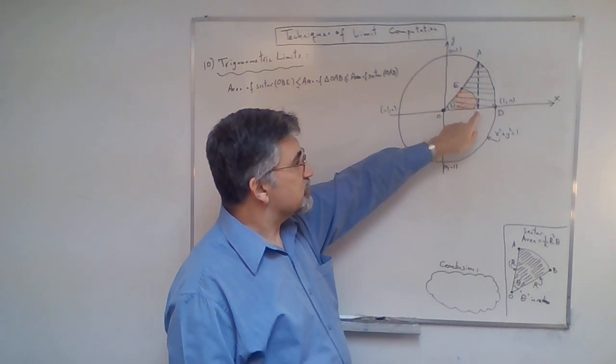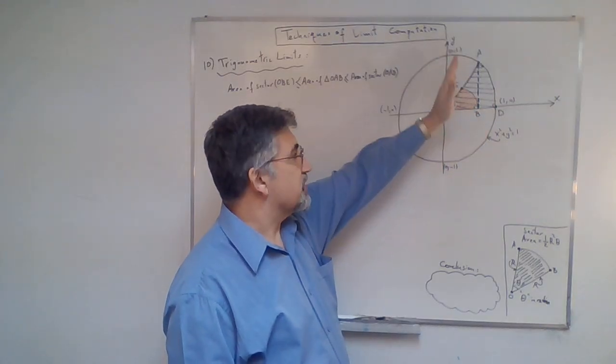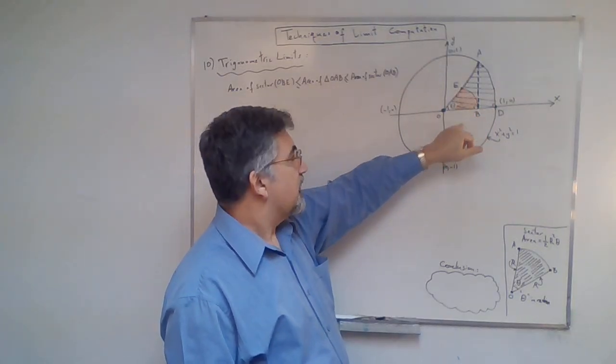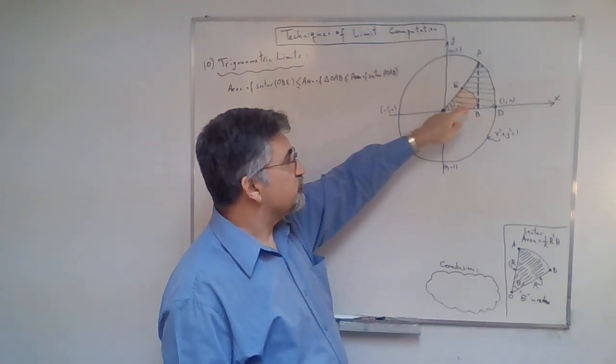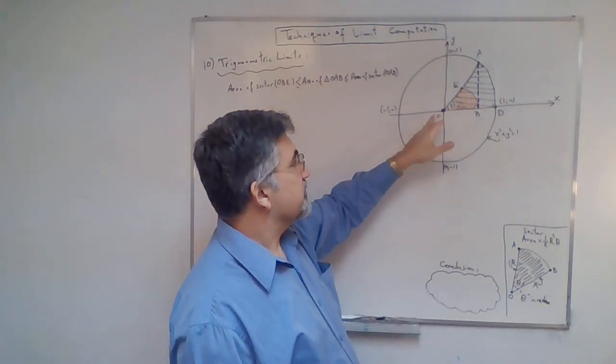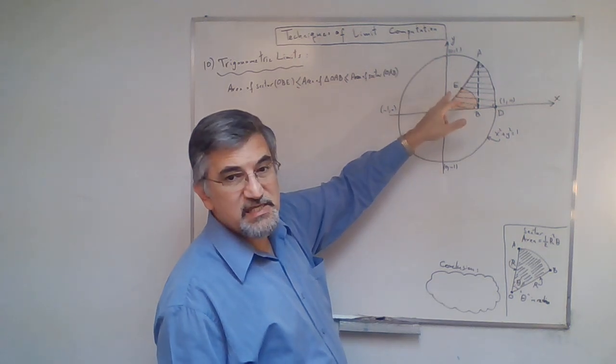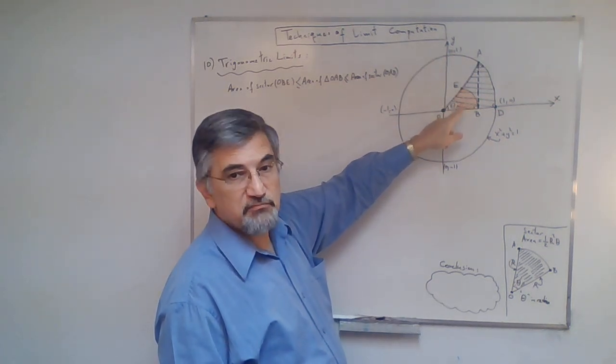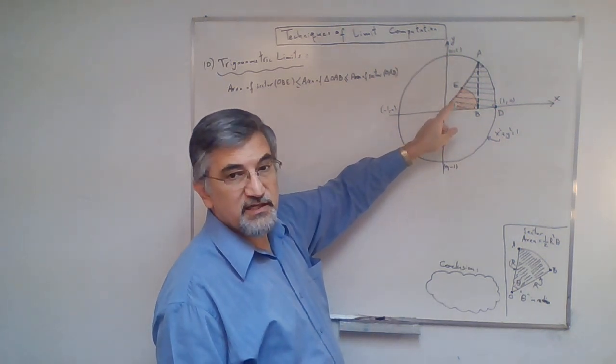And if you start from point B, which is the foot of the altitude, and you draw another arc which intersects radius OA at point E, you are generating a small sector here.